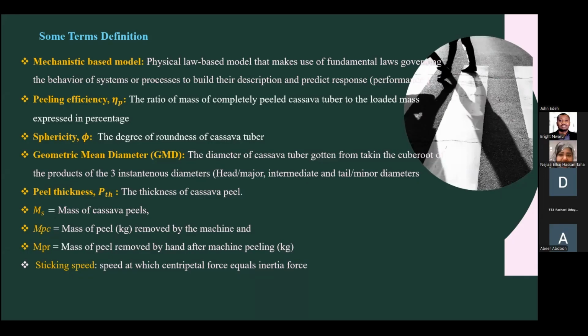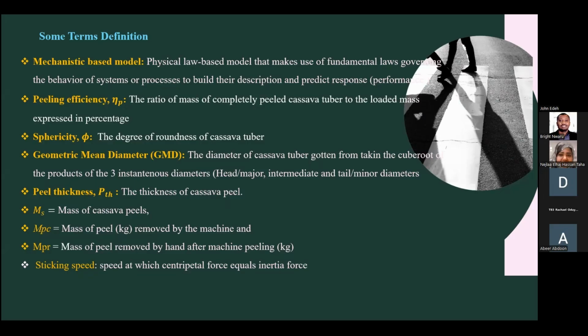One of our research outputs in agro equipment development is this published article, which I'm sharing on the spotlight now. Mechanistic modeling: a mechanistic-based model is a physical law-based model that makes use of fundamental laws governing the behavior of systems or processes to build their description and predict responses.